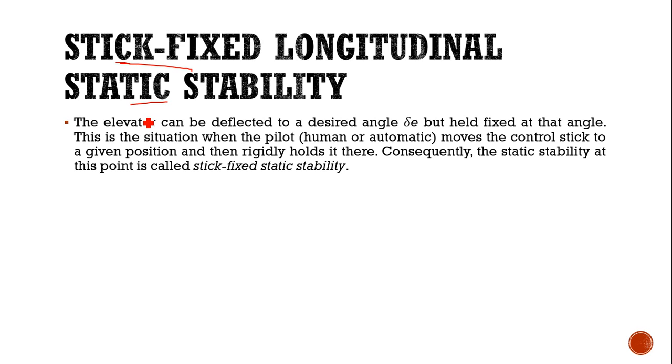In order to minimize that, hydraulic type control sticks are used, so the pilot won't feel the pressure while moving the control sticks. But in olden days, the pilot would feel the pressure to deflect the control surfaces. That's all. So this is called stick fixed stability.